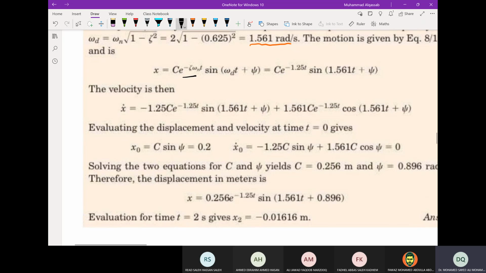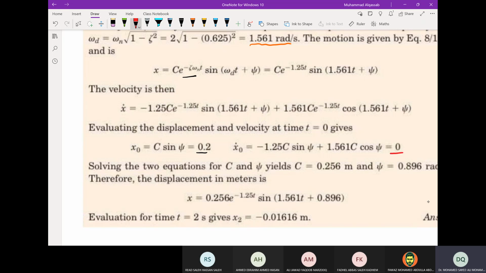Now evaluating the constants from the initial conditions, at t equal to 0, x at 0 is equal to 0.2, and when you substitute, you get c sine phi. This is one equation. The second equation is the velocity equal to 0.